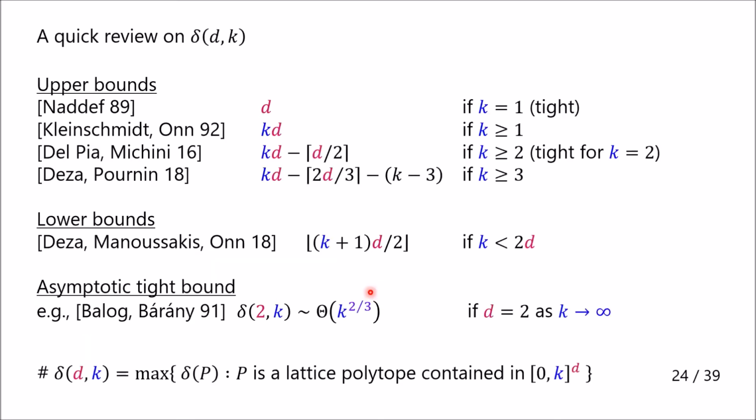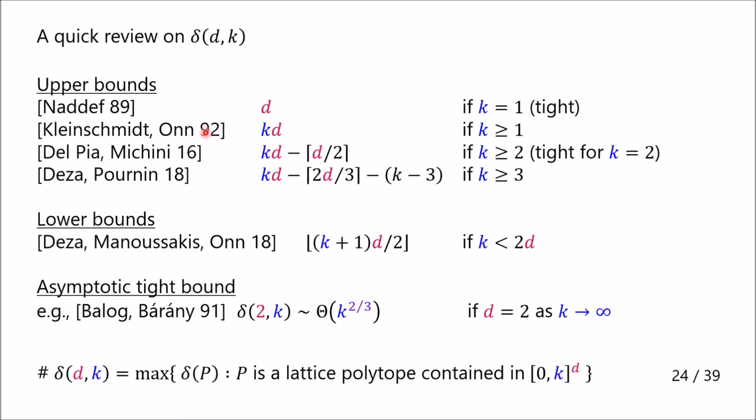Okay. First of all, before getting into the technical part, I would like to give a quick review. In this context, the most classical result is the one by Naddef for the case when k is 1. Namely, he showed that the diameter of Z1 polytopes in dimension d is at most d, and showed that it is tight.